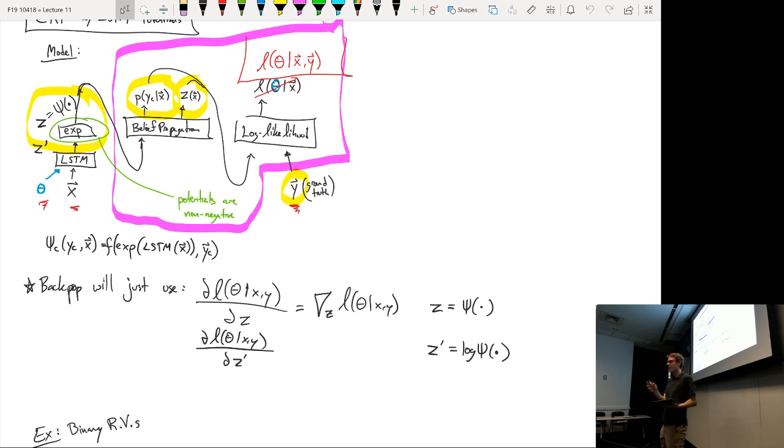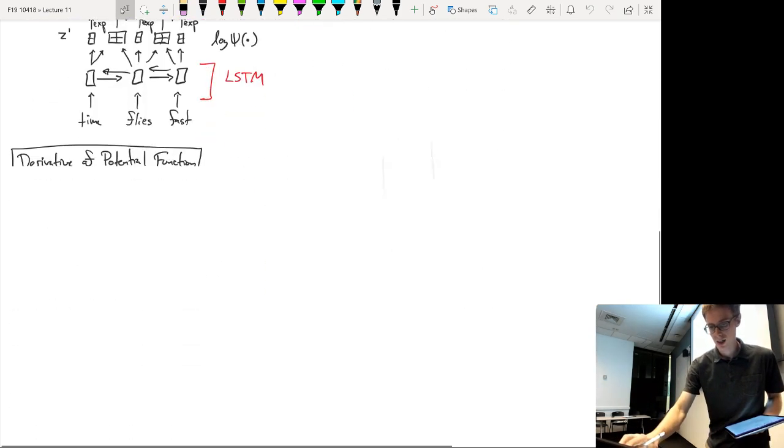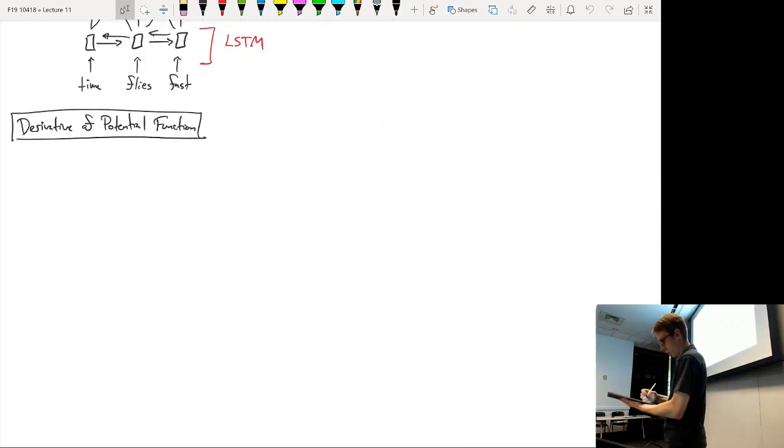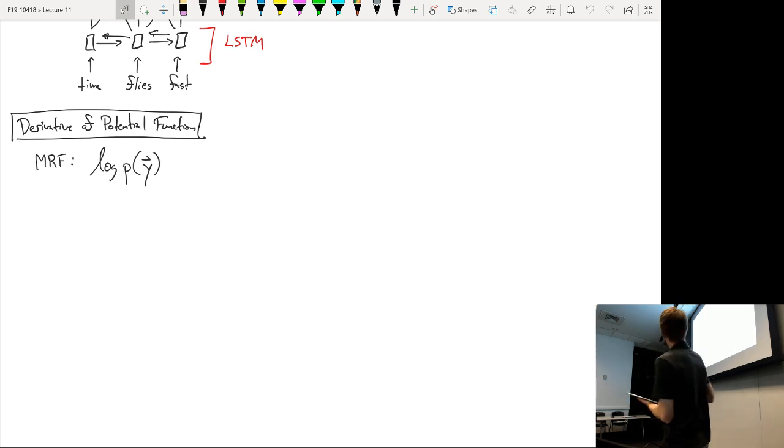The z's fully specify that probability distribution, meaning what we're about to do is write down, for a specific case, the derivative of a potential function. For an MRF, we would have the log of the probability of y. This log probability of y is fully specified if we know what those potential functions are.